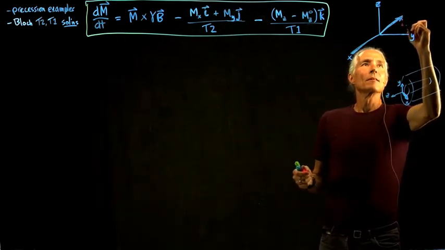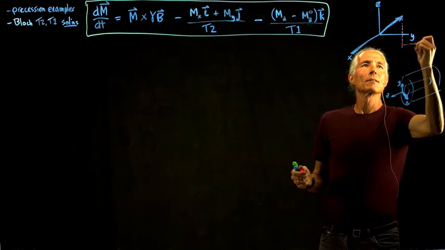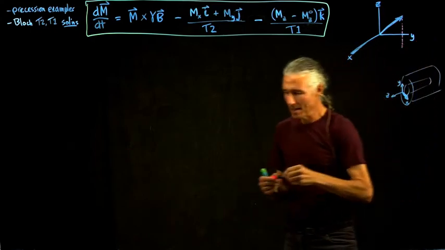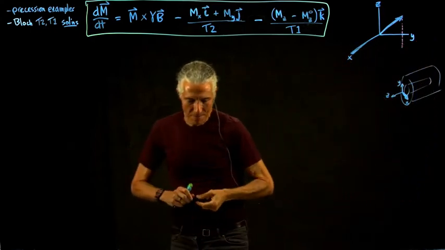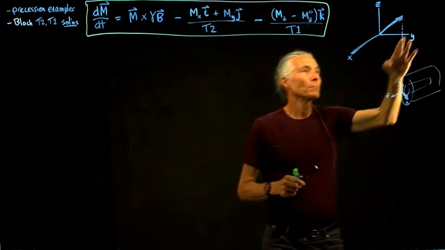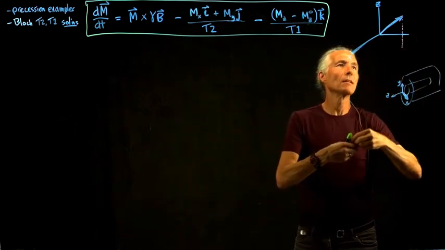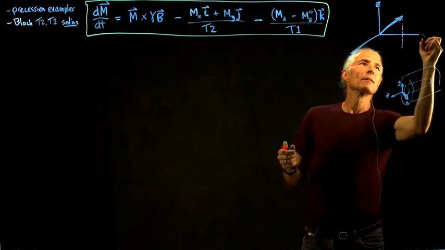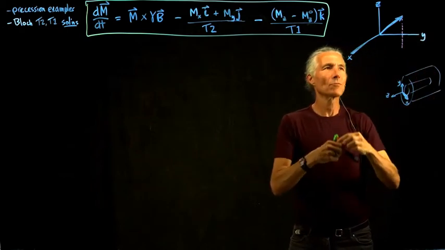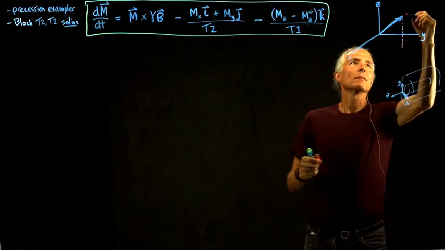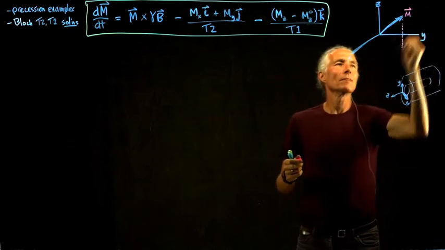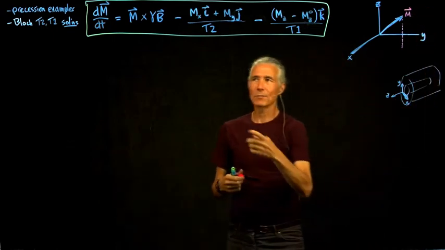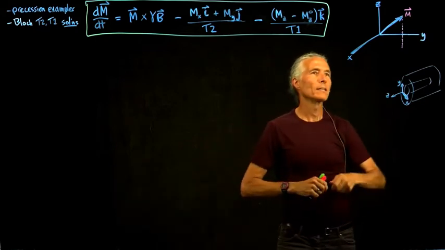If we project that down to the plane, let me put that y a little bit further over. We can decompose that m vector into components, and that's what the mx, my, mz is.